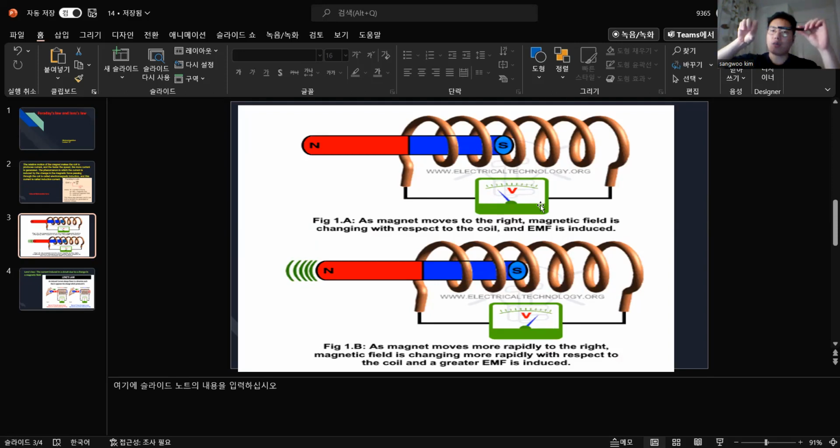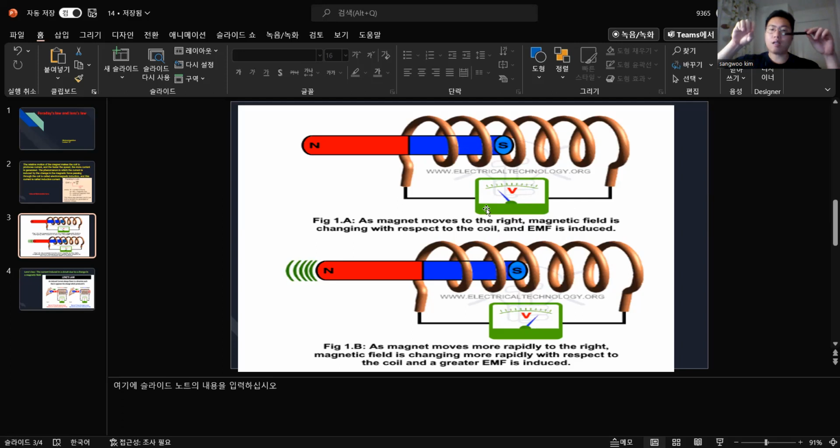Just for example, this time it is inside of the coil. You can see EMF is induced. Here you can see the voltage meter. At first there was 0, but now you can check the voltage. You know what I mean?